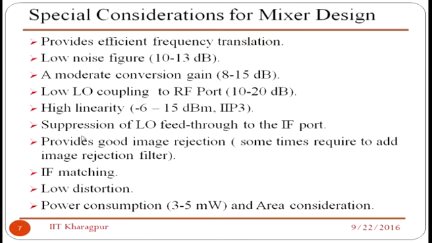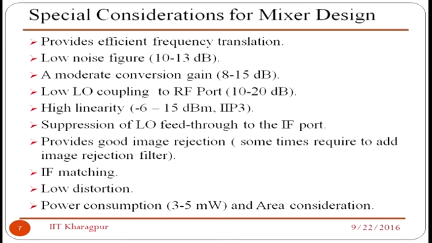But with this mixer, a few things come free of cost, and not all of them are good. What is that? The LO, when mixed with the RF, produces intermodulation products like omega LO minus omega RF.